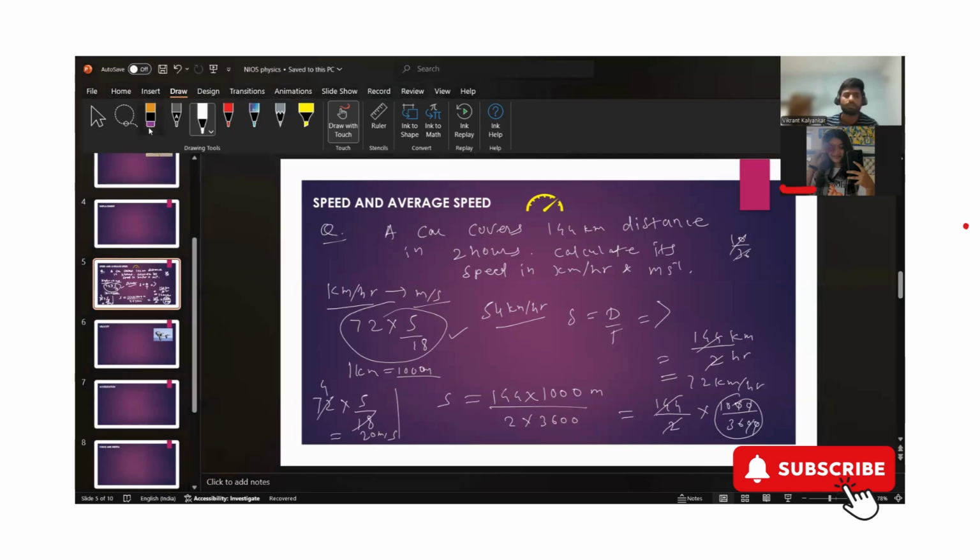Correct. Very good. I hope you got it, how to convert from kilometer per hour to meter per second. Okay, just write it down here.